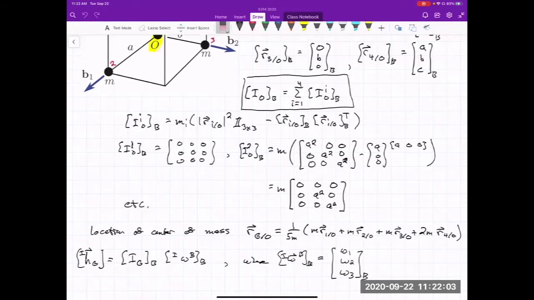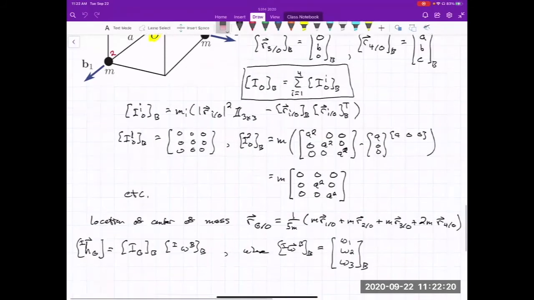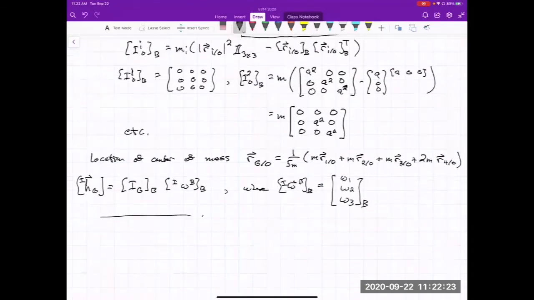While it's instructive to look at the idea of a rigid body of particles, eventually we want to work with continuous rigid bodies. So that means you go to a continuous limit. So what do I mean there?